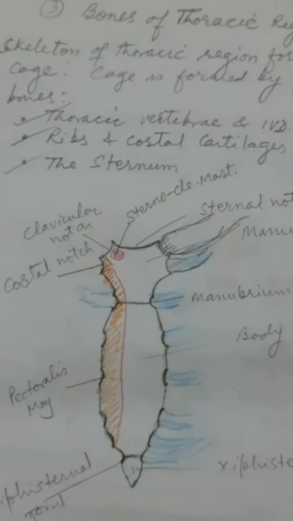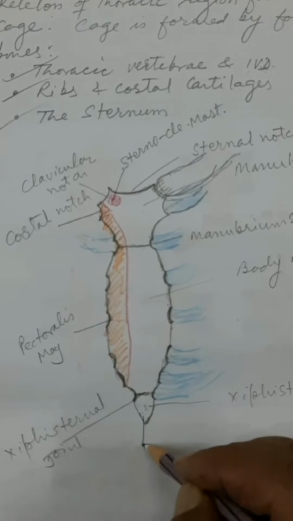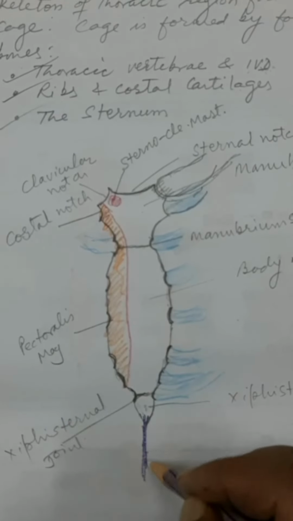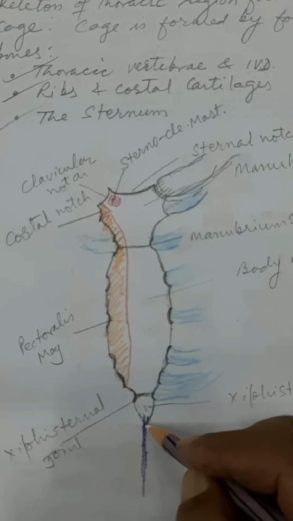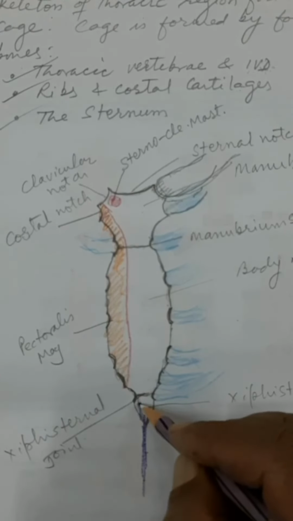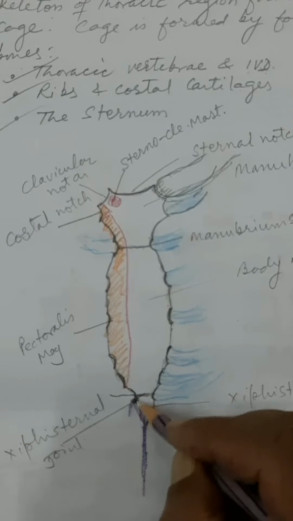There is attachment of a strong ligament to the tip of the xiphoid process, and this is called the linea alba, which is a median ligament for the attachment of the muscles of the abdomen. It also gives attachment to the rectus abdominis muscle on its anterior aspect.